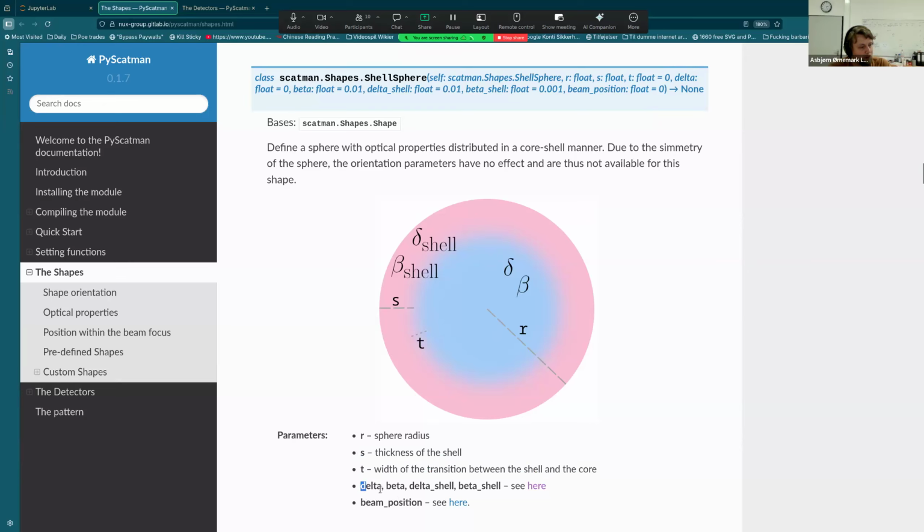And then you set the delta and beta to something, and you don't care about the delta shell and the beta shell because nothing is delta shell and beta shell. For the smooth one, you can do it very similarly. You set the sphere radius to something, you set the thickness to something, and then you set a width. So it goes from inside the shell to outside the shell, and then you just set the outside shell parameters to 0, and then you get this smooth transition.